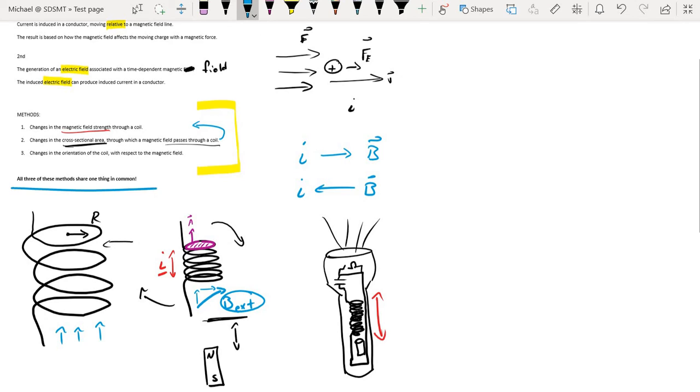Now, I mentioned here at the very end of the typed notes that all three of these methods have one thing in common.